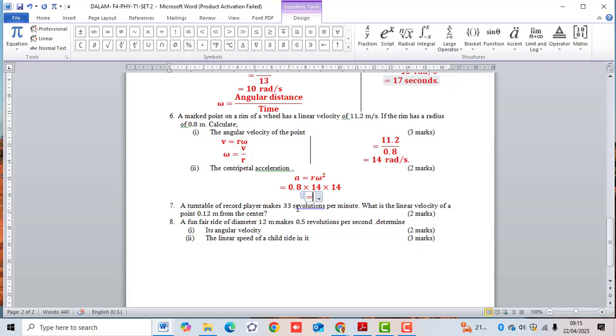Our centripetal acceleration is equal to r omega squared. So when I substitute, I'll have 0.8 multiplied by 14 multiplied by 14. Moses? 156.8.